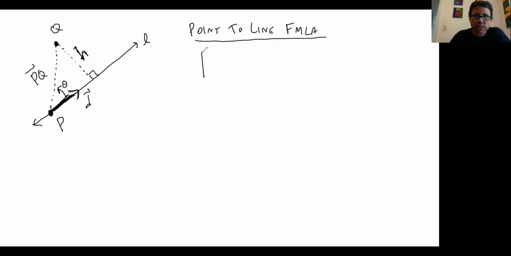So the height would be exactly the length of the vector from P to Q, the distance this way. Then I'm going to project it down onto this one and take the sine of the angle in between. So that's the angle between D and PQ.